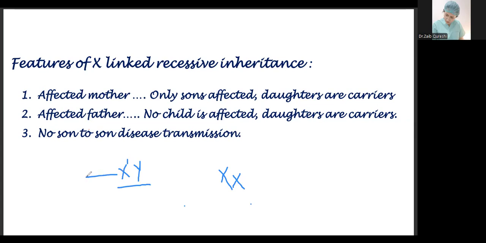This X chromosome, because it's a single one in a male, he will show this recessive disease as a disease. What I have said, only one allele is required, okay? One allele is required to cause the disease.